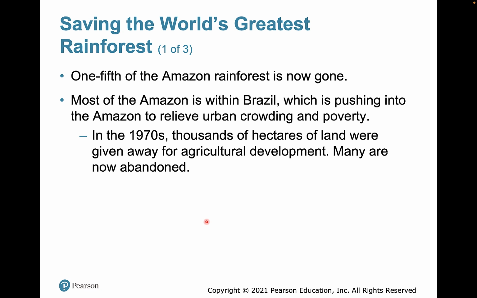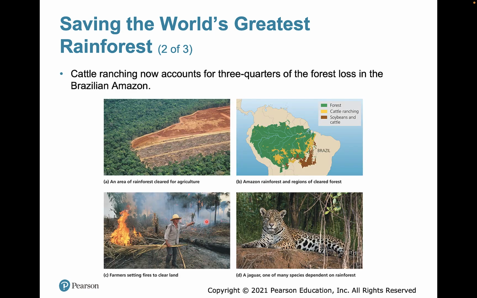That stopped a while ago. Cattle ranching still is the reason why, as I had mentioned. So there is what it looks like cleared for agriculture. All right, there's still a bunch left, but a lot of it is cattle ranching.